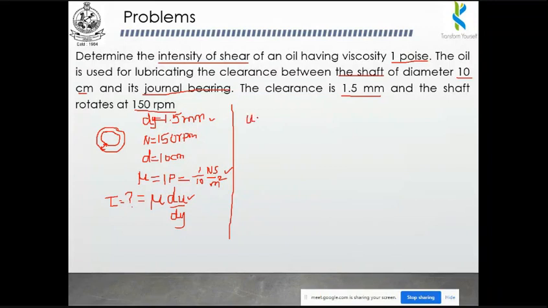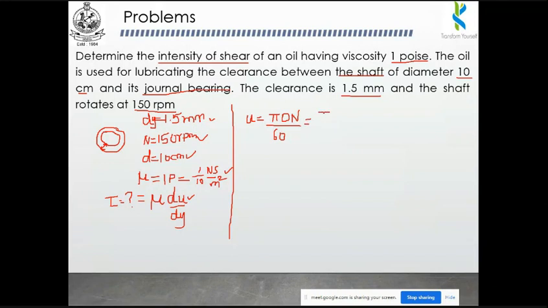I will tell you, the basic formula for velocity is pi dn divided by 60. The diameter is available, it is 10 centimeter, and similarly the speed is available, it is 150 rpm. So you have to convert this 10 centimeter into meter.